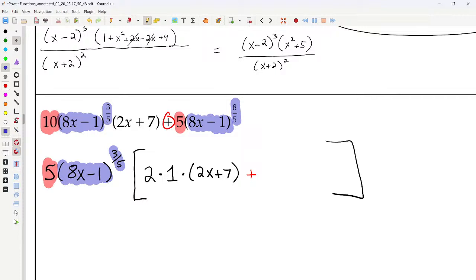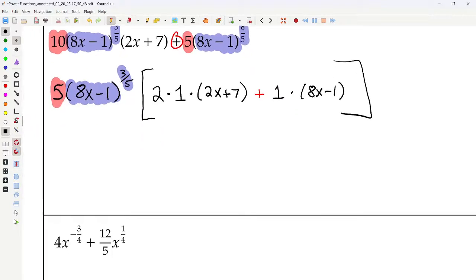They're the same base, so we subtract the exponents. 8/5 minus 3/5 is 5/5, known as 1. So in clarity, we'd have 1 times 8x minus 1 to the 1st. GCF out front, that's what remains inside.